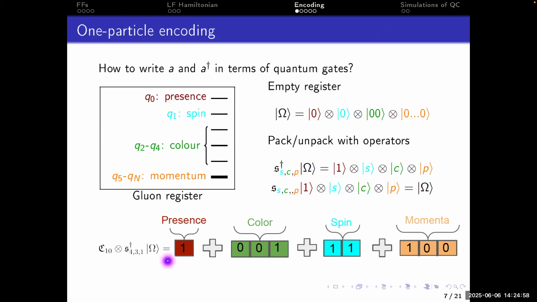So for example, to encode a particle with momentum 4, color 1 and spin 3, we will write a 1 in color and 3 in momentum and so on. And also changing this to 1, because that is telling us that the register is active and is storing a particle.